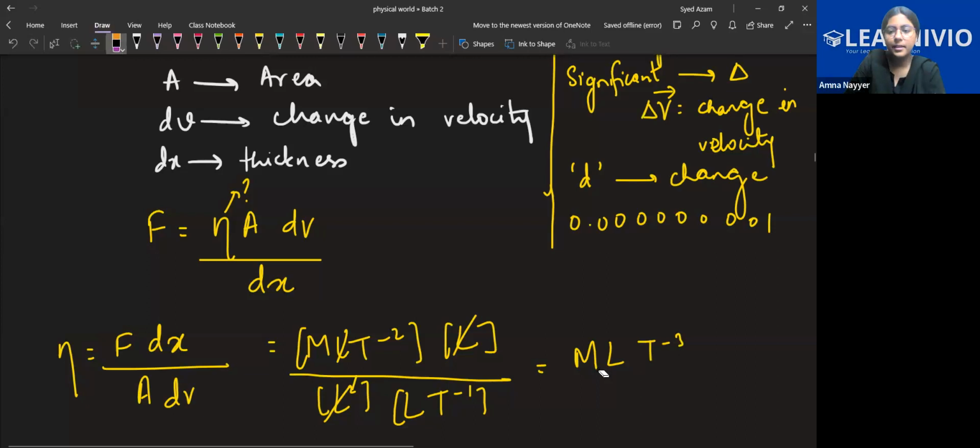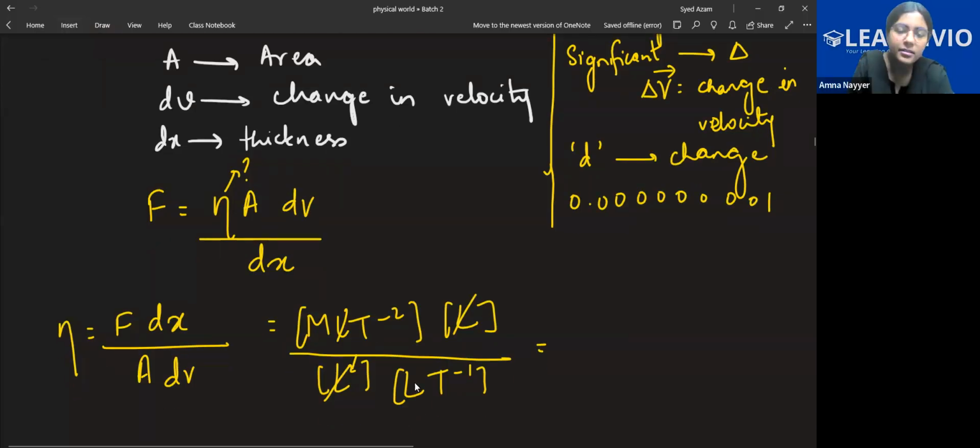No, subtraction. So minus 1. One more error. This L is in the denominator. It won't be L. So it will be L raised to minus 1. And see, this T will go up. So 1 minus 2, minus 1. This is it. Got it?